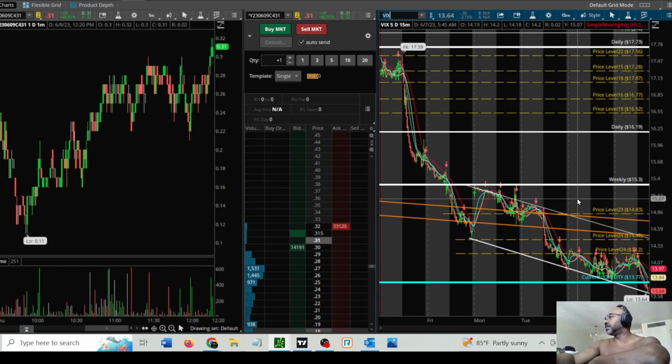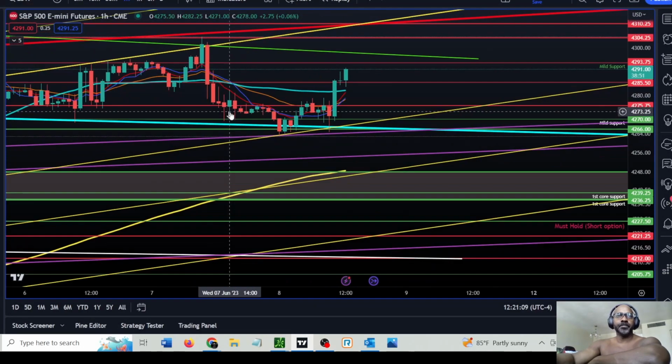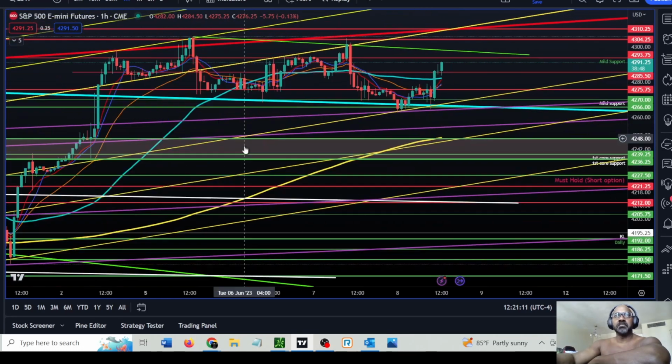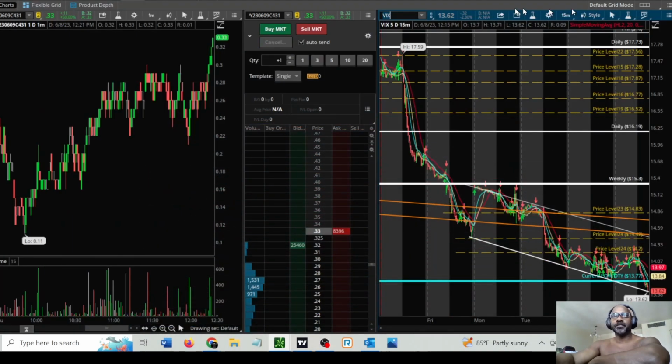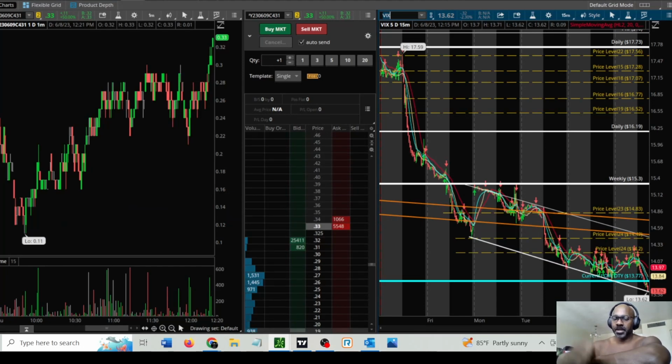Anyways, now we're at 4291. So we've broken past 4288 finally. Let's see what's going on in TradingView. Yep. Maybe we'll make it up to here at 4297, but I doubt we'll stop here either. This is just gonna keep pushing. So yeah, here we go.